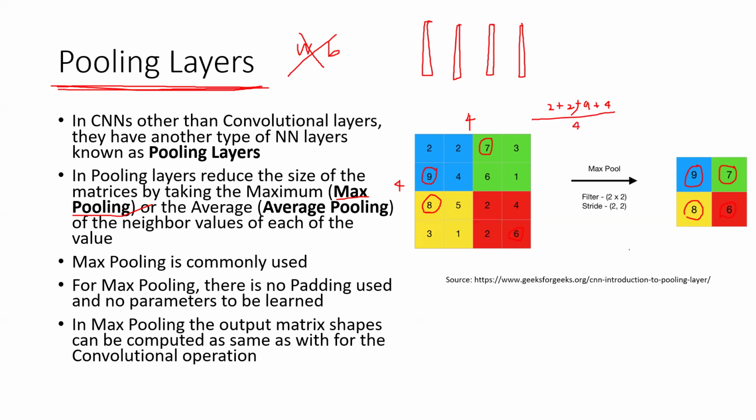So this is the average value of this pool, and you can use this average value as the pooling value as well, right? For the green color also, you can get a pooling value and apply it into the output. That is known as average pooling.